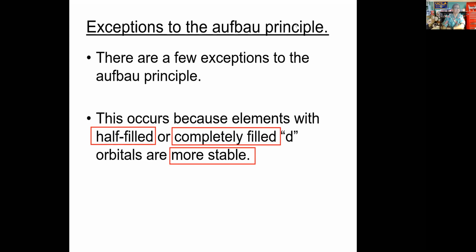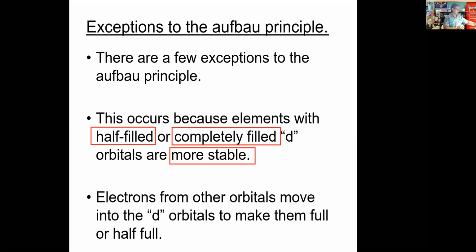And so with that said, what you want to make sure is that when this does happen, it requires energy. So when electrons are moved into the d orbitals to obtain this, energy is required. So there's an energy give and take that has to be considered when we talk about the movement of electrons from a lower energy state to a higher energy state.